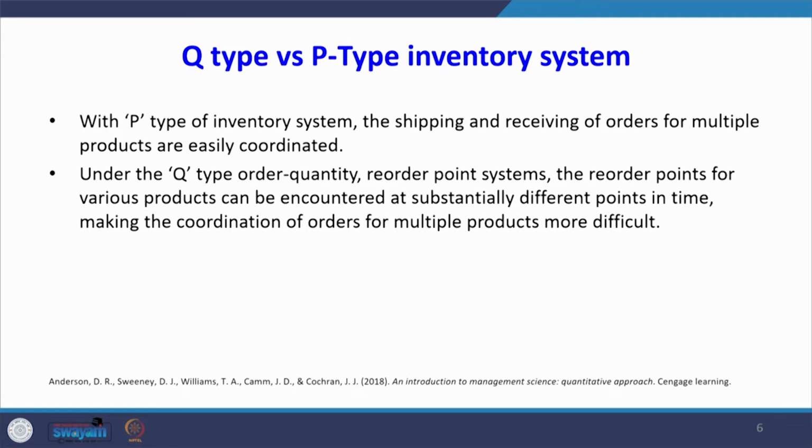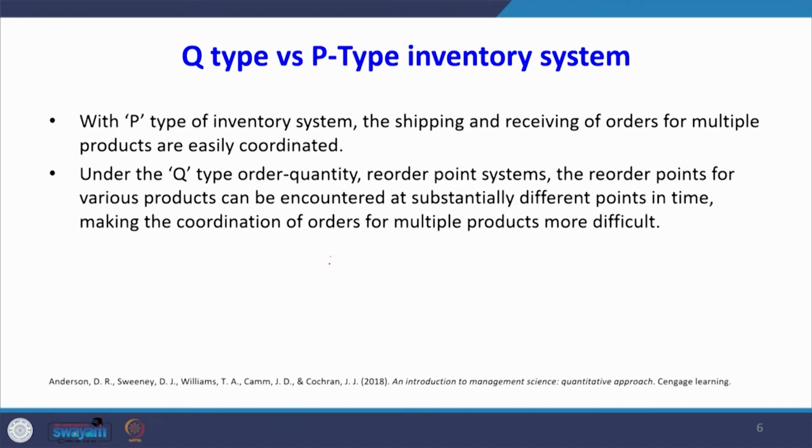Under the Q type, the methodology, the inventory system which we studied in previous lectures, reorder points for various products can be reached at substantially different points in time, making the coordination of orders for multiple products more difficult.